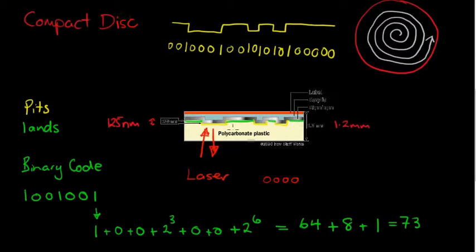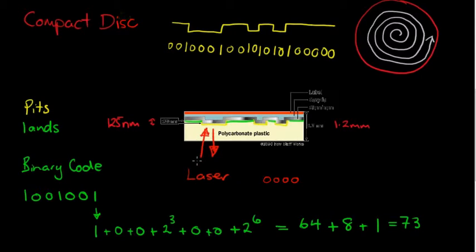Anyway, I just want to point out before we move on that this is a cross section of the CD, and we have our label, we have our acrylic protective layer, the aluminium layer that the laser reflects off of, and underneath, the foundation to the entire disc itself, is this polycarbonate plastic layer, and it makes up a large part of the disc itself.